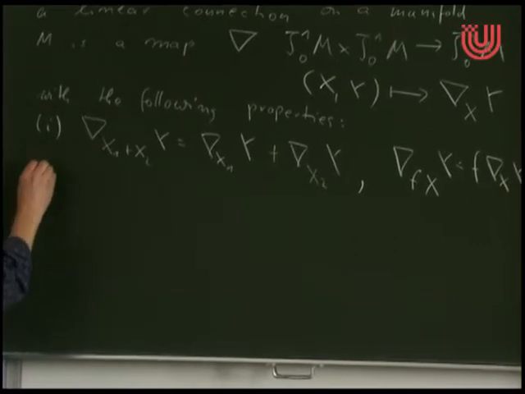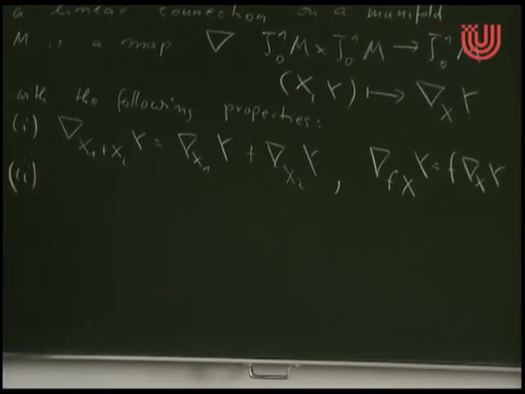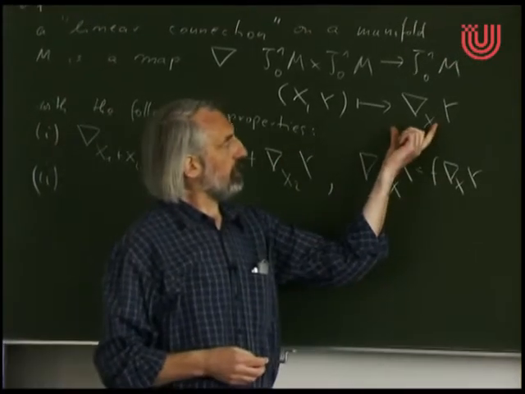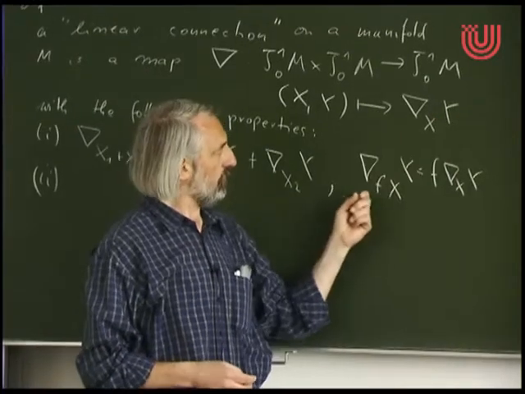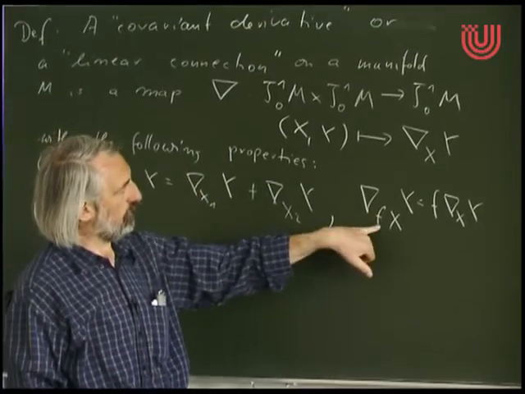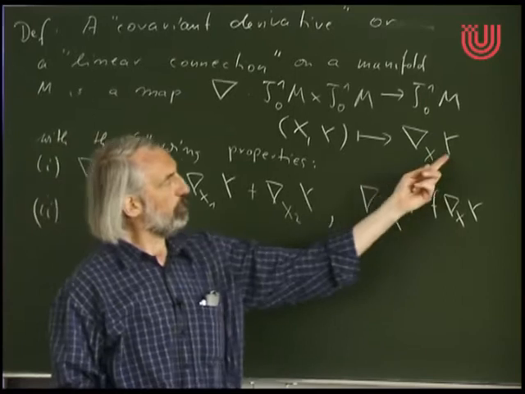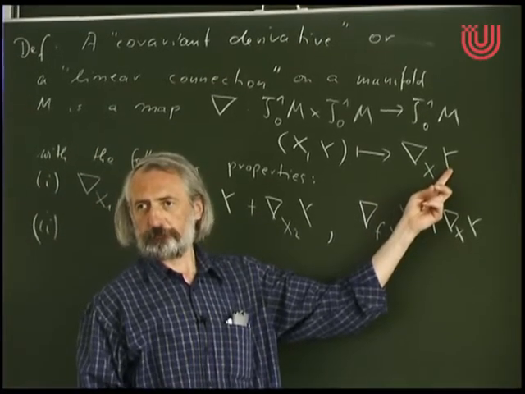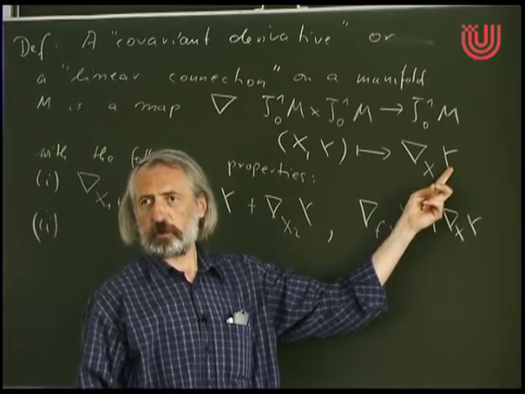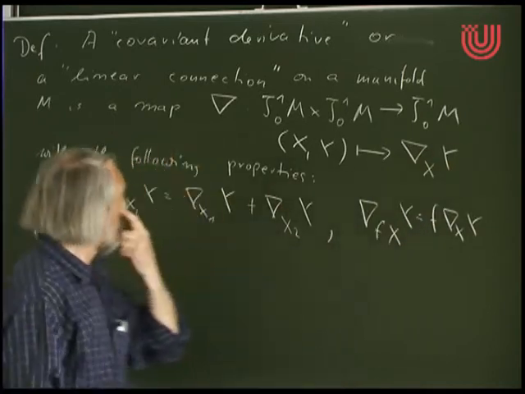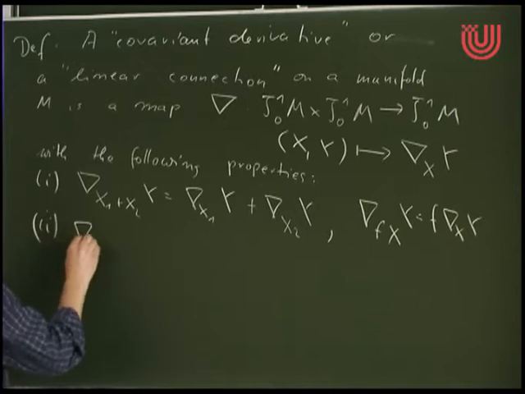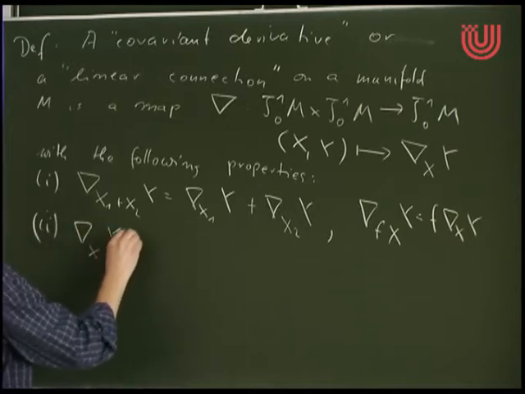But with respect to the other slot, because this is supposed to be a differentiation operator, I will not require linearity with respect to coefficients that are functions. I will rather require something like a product rule. A differentiation operator should satisfy a product rule. So I will require a different rule with respect to the second slot. So if I insert a sum here, there's no difference.